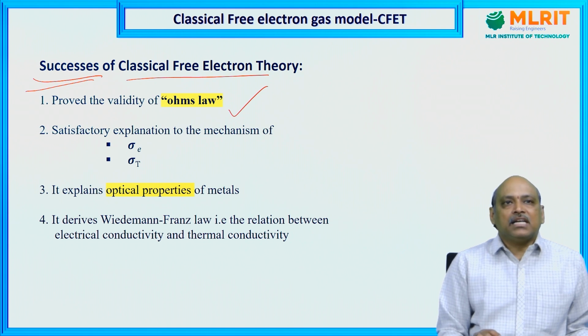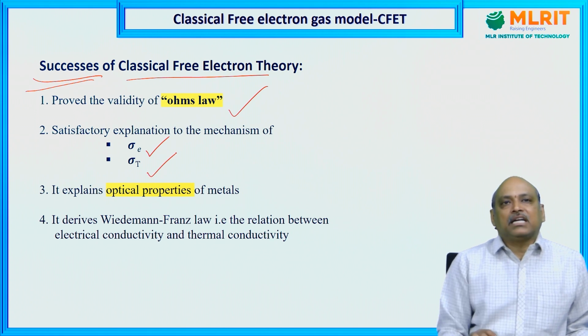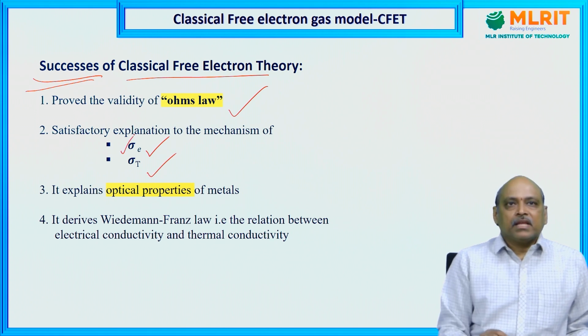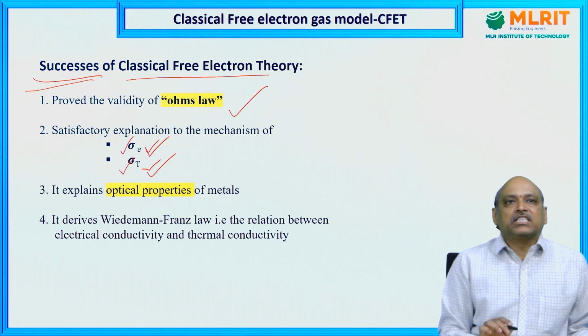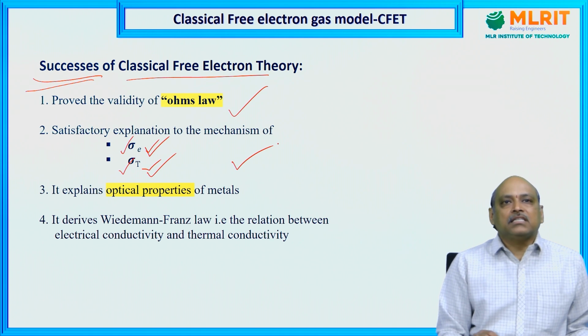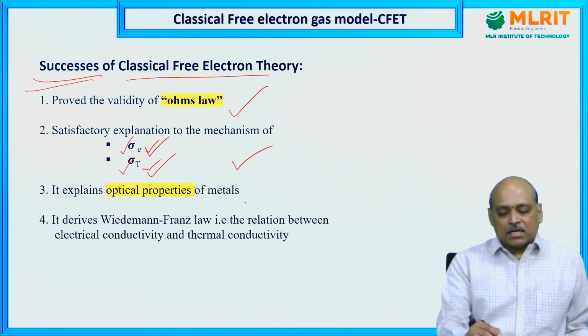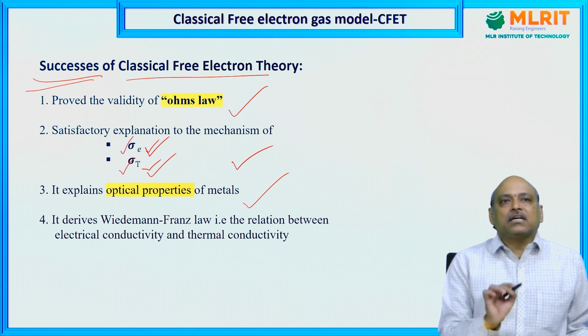The second is that this theory successfully explained a metal's electrical conductivity as well as its thermal conductivity. Sigma is the electrical conductivity, and if you write sigma followed by T, it is the thermal conductivity. These two phenomena were successfully explained by this theory for metals. The third is that the optical properties of metals are also successfully explained by this theory, which is very important.